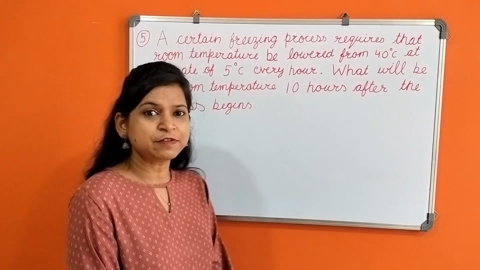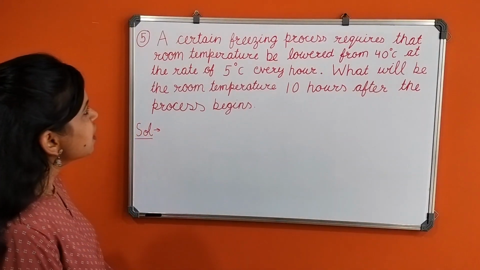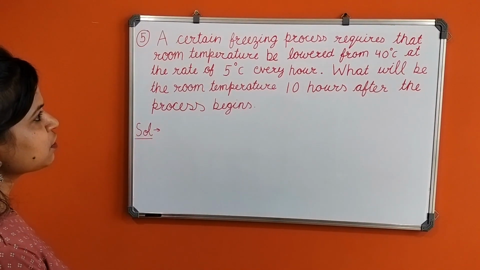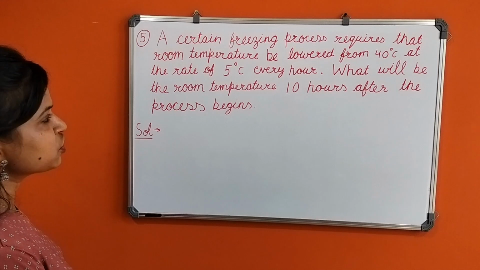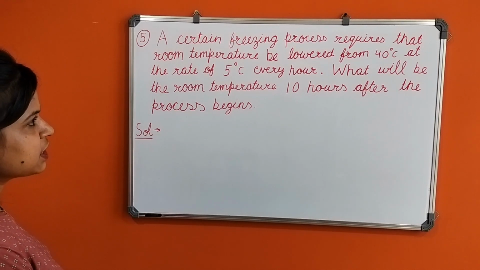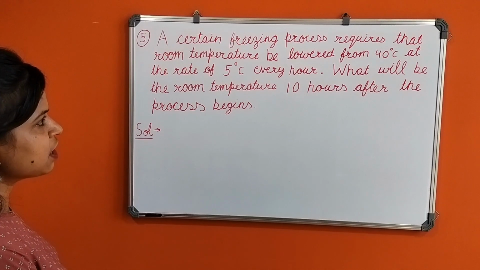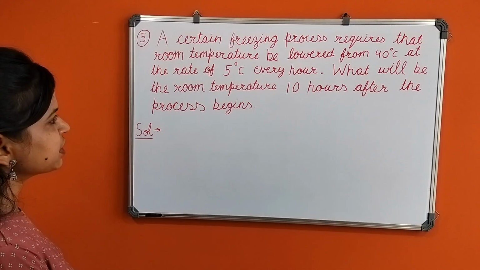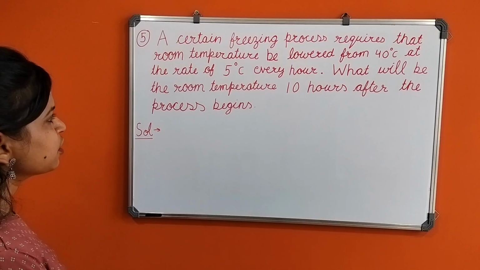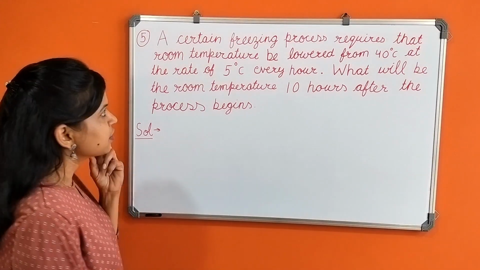Now take one word problem. A certain freezing process requires that room temperature be lowered from 40 degrees centigrade at the rate of 5 degrees centigrade every hour. What will be the room temperature 10 hours after the process begins?